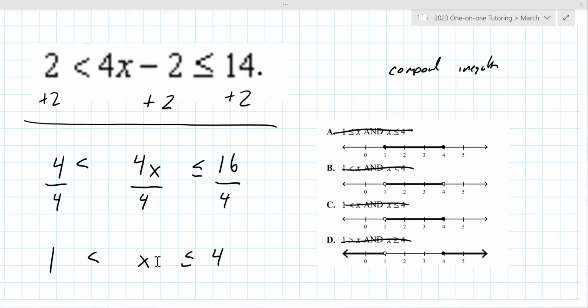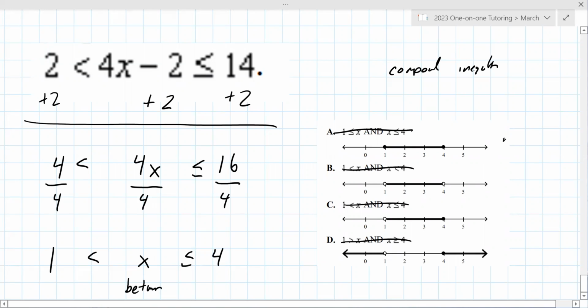Wait, no, because my numbers are less than. And this is a between. So between, it's either going to be A, B, or C, because between is like a bounded number line, where there's 2 points. I think I have a better educated answer.